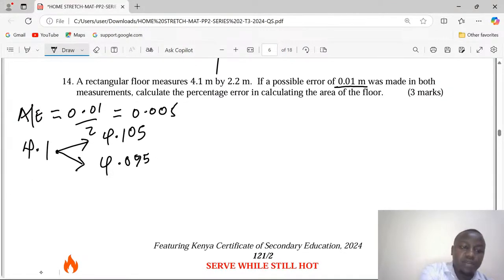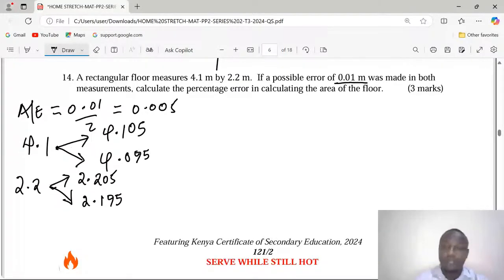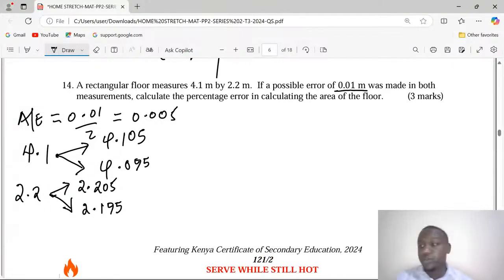About the width, which is 2.2, with the same accuracy, the upper limit will be 2.205. The lower limit will be 2.195. So with all this, we can talk about absolute error, and we can talk of maximum and minimum.